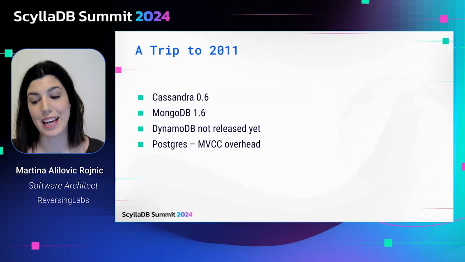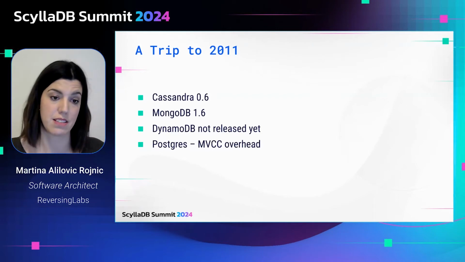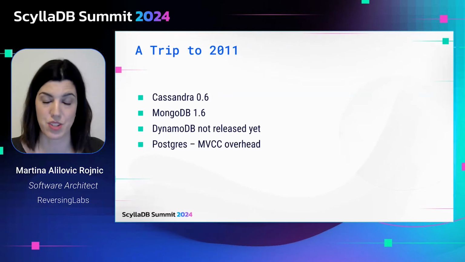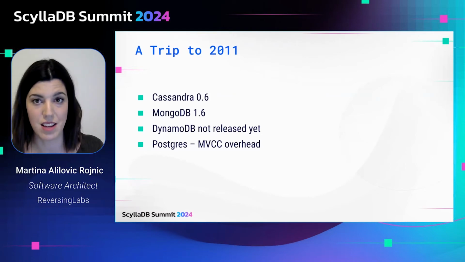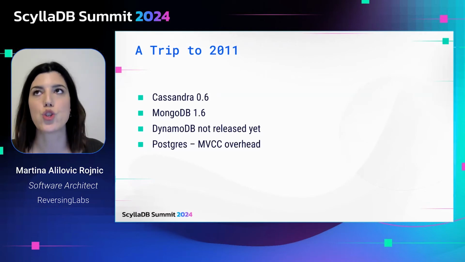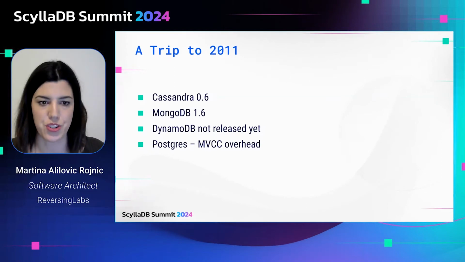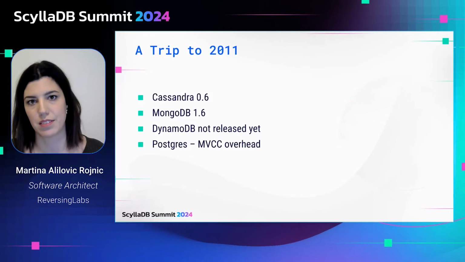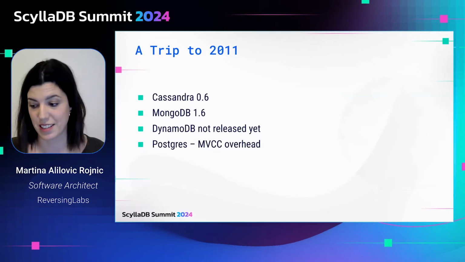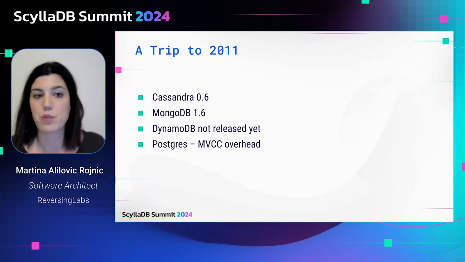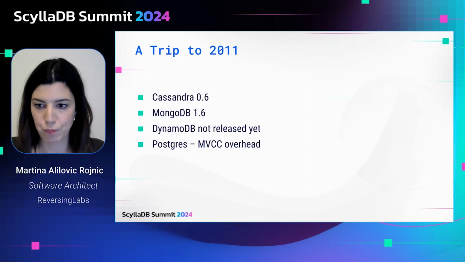Write amplification was an issue for us, and it used so much memory. For a startup with limited resources, we had this database that eats all our memory. It was a problem. So we built our own data store.